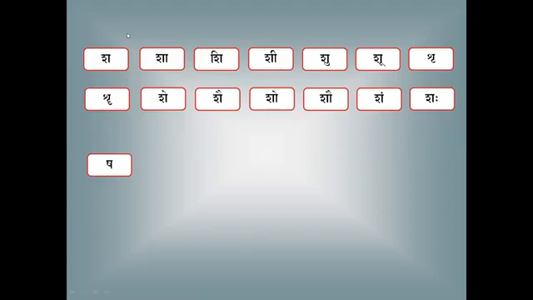Next person is Subbalakshmiji. Sha. Again? Sha. Then what is the difference between the previous one and this one? The first one is sha. And this one?